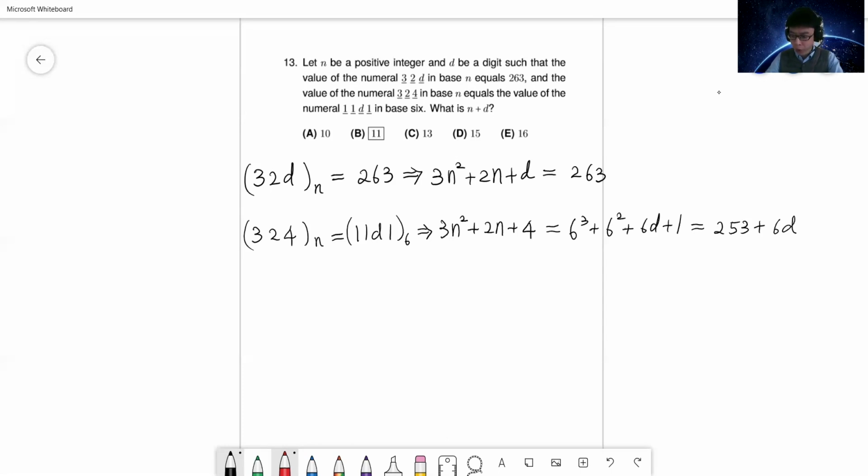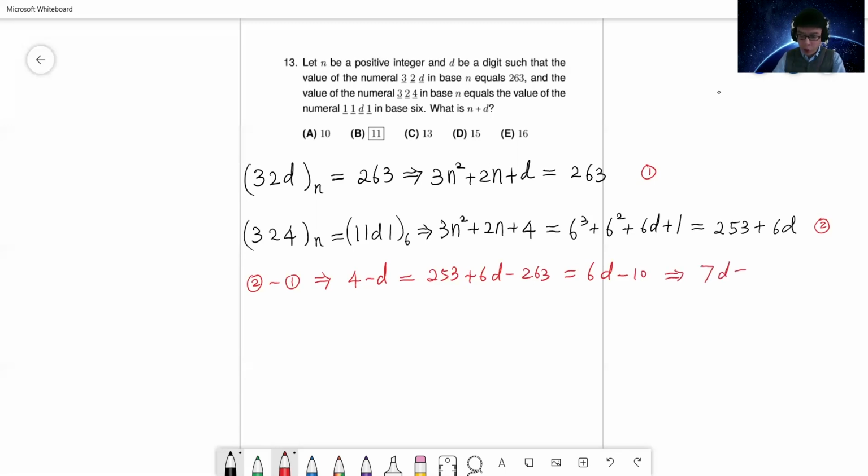Let me call this equation 1, this equation 2. Let's do the following: 2 minus 1. We cancel 3n squared and 2n. We only have 4 minus d on the left-hand side. On the right-hand side is 253 plus 6d minus 263, which equals 6d minus 10. From here, we have that 7d equals 14. So we can solve d equals 2.